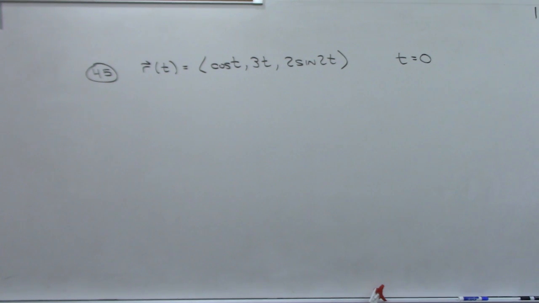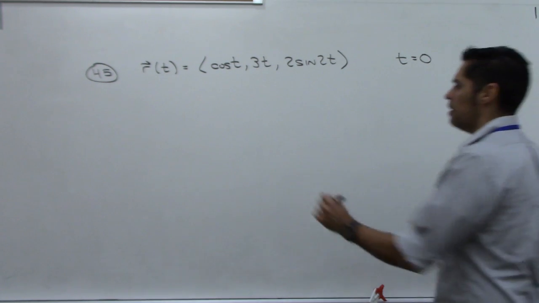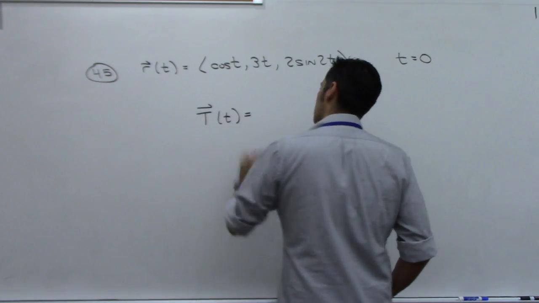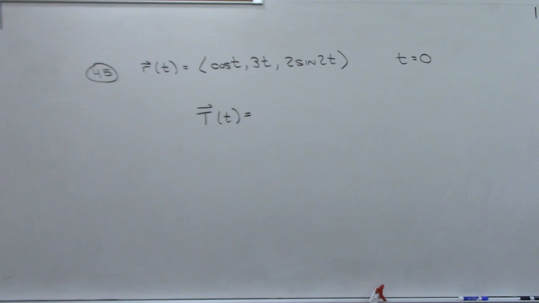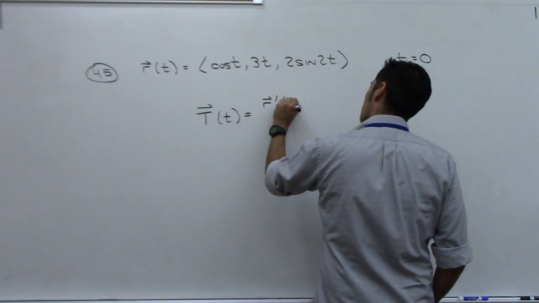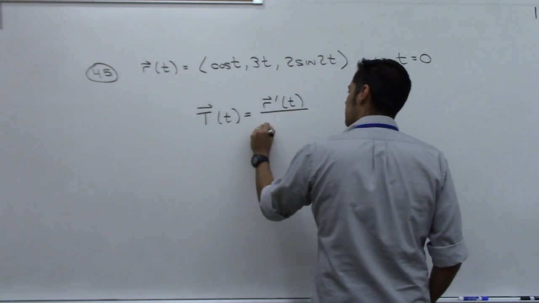I don't have my class notes in here. Just have the book. All right, so capital T of t equals the derivative over its magnitude. So it's a derivative function over its length.